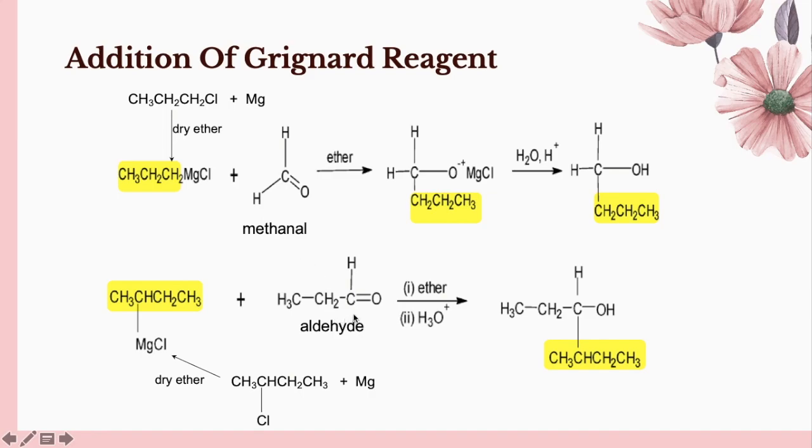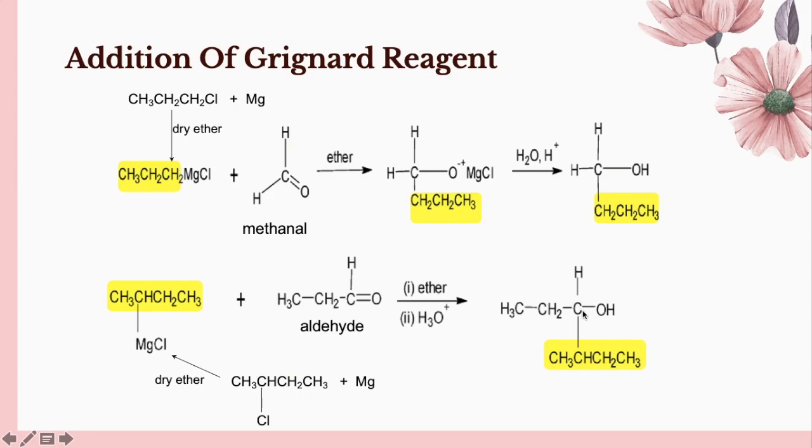But from aldehyde with other than 1 carbon, 2 carbons and above, it reacts with Grignard reagent in ether, then acidified water. So this aldehyde will become like this first, and then it will become secondary alcohol.